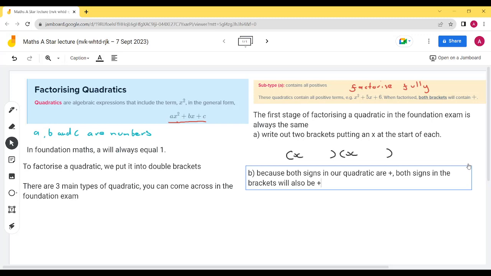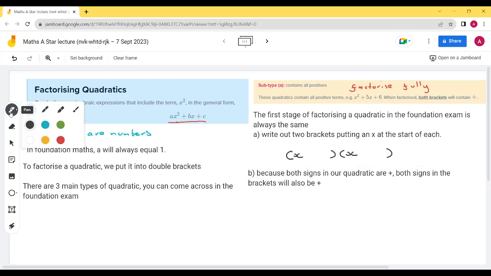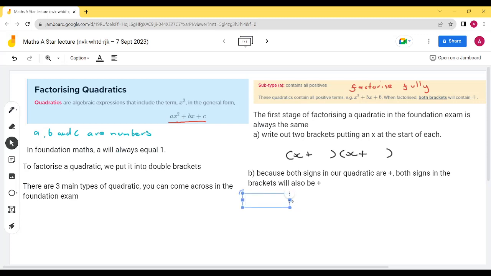Because they're both plus in the quadratic, these are the easiest ones to solve for that reason. We know within our brackets we're going to have a plus and a plus. This is basically what you have each time, but the signs will be slightly different for each one.